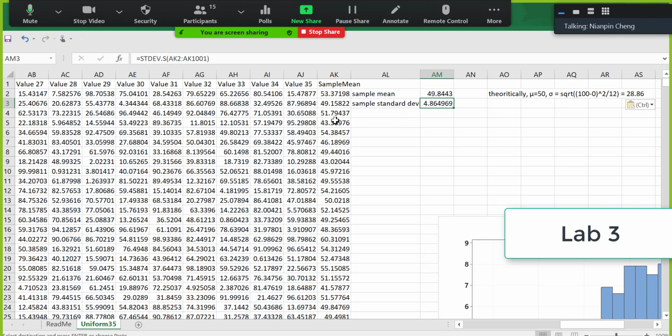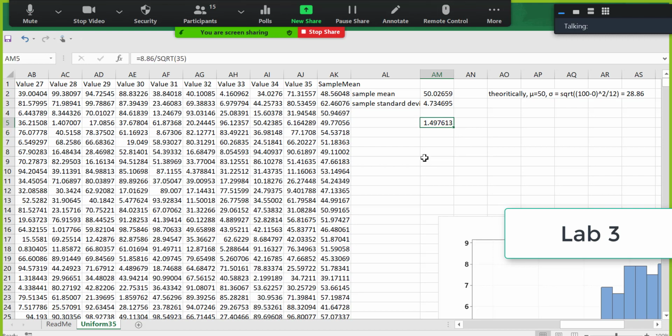So the reason we learned the linear combination: we have the sample size. Sample size is 35, right? So the theoretical statistic for the sample mean should be 28.86 divided by the square root of the sample size.